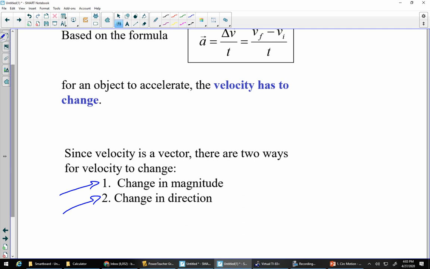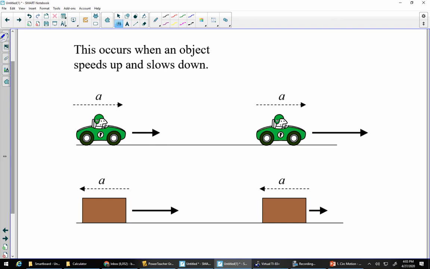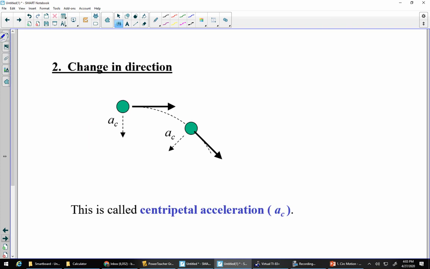Up until this point, we've talked about a change in magnitude, things speeding up or slowing down, and that is our acceleration. But we could also have a change in direction. Change in direction doesn't necessarily mean that it's speeding up or slowing down whatsoever.